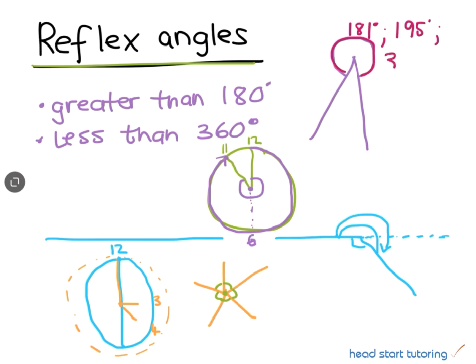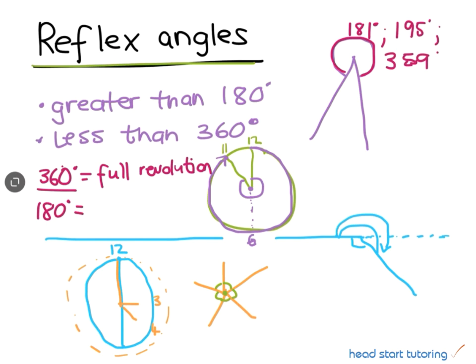We could have 359 degrees because 359 is less than 360. 360 degrees, however, is called a full revolution. So 360 degrees on the dot is equal to a full revolution, and 180 degrees on the dot, as we've learned, is equal to a straight line.